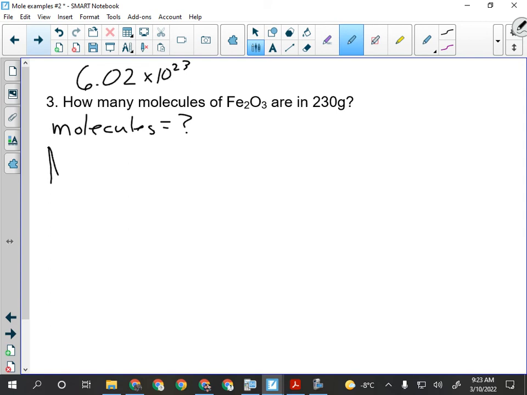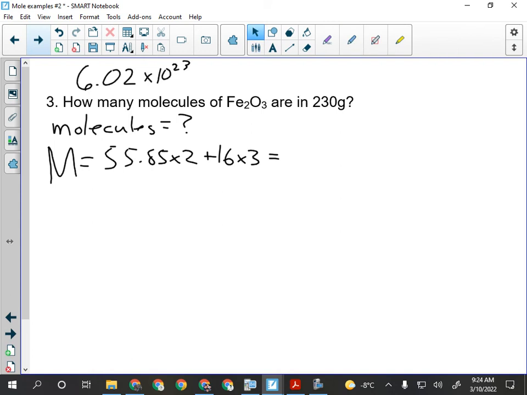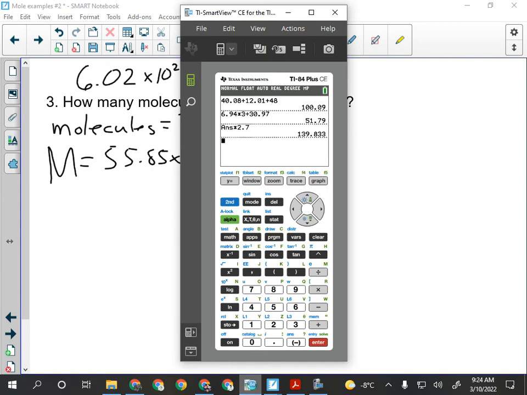We're told that it is iron(III) oxide, so we're going to have 55.85 times 2, that's our 2 irons, plus 16 times 3, our 3 oxygens, and that'll give us our molar mass.